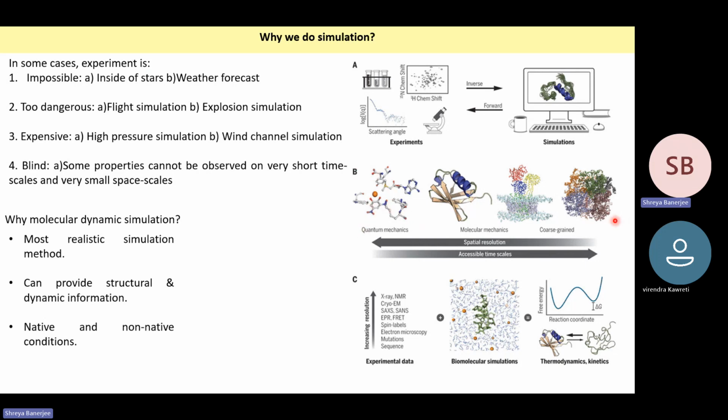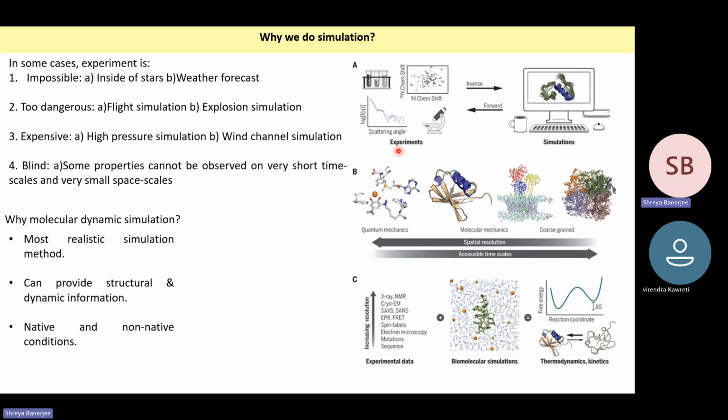So as you go from right to left, spatial resolution decreases. That means you are going into angstrom level territory, which cannot be seen by experiments. And similarly, when you go from left to right, time scale is also decreasing.